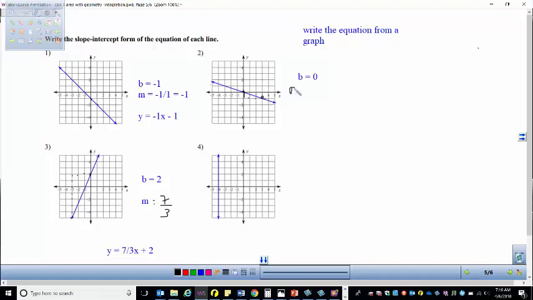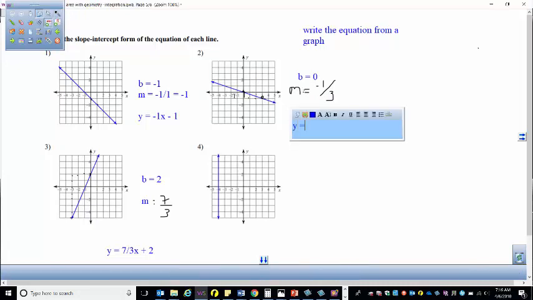So my m is going to equal, I went down 1, so -1, and I went over 3. And I cannot simplify that one, so I'm just going to leave that. So that equation is going to be y equals -1 over 3x plus 0.